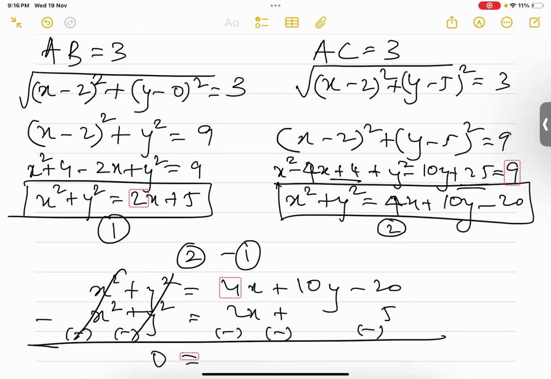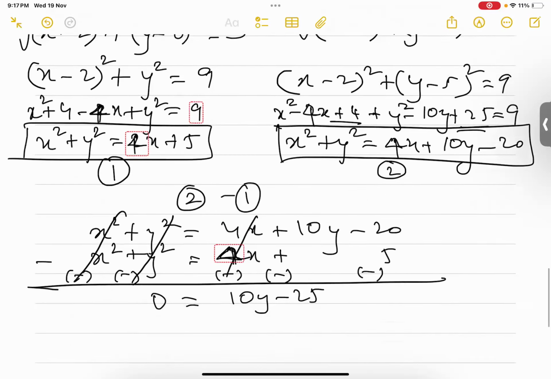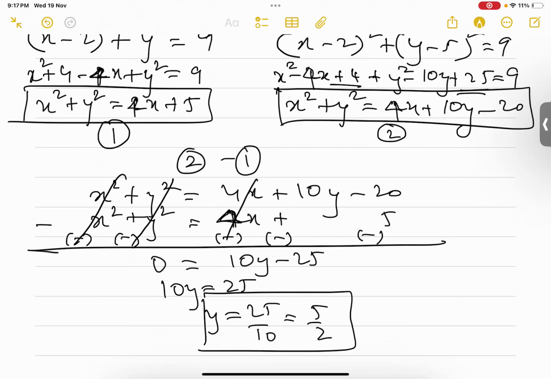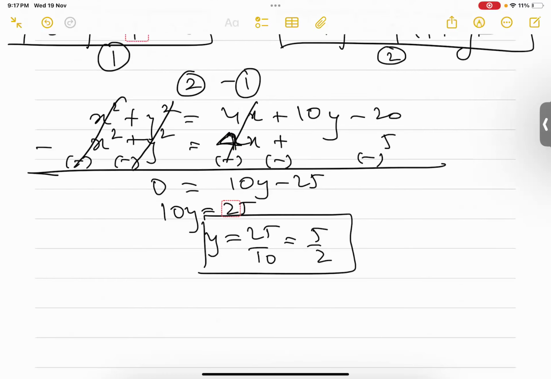Sorry, this is 4x, I made an error over here as well. So the x terms are also gone, and we get 10y minus 25. So 10y is equal to 25. y is equal to 25 by 10, which is 5 by 2. Y is equal to 5 by 2.